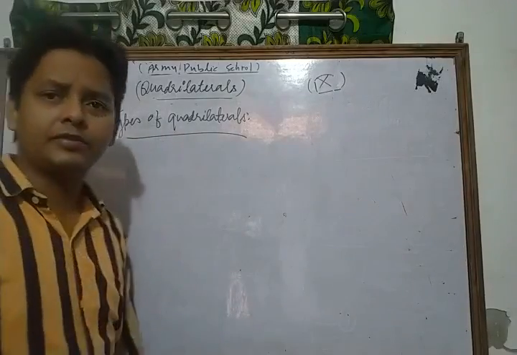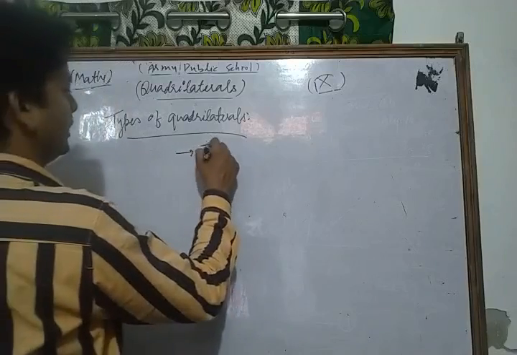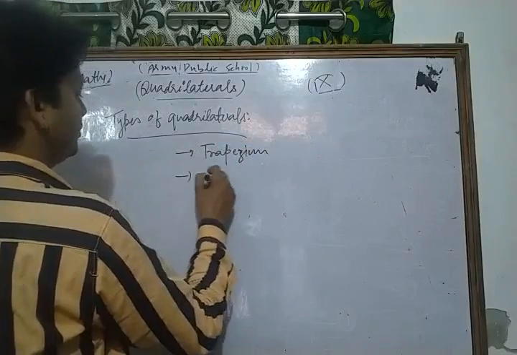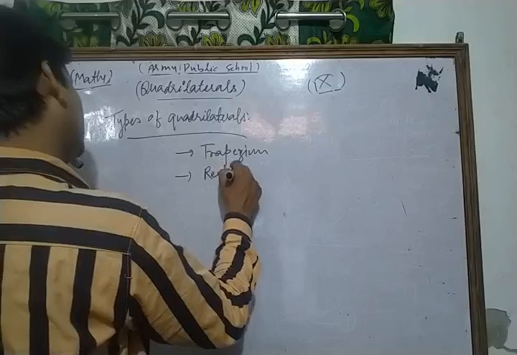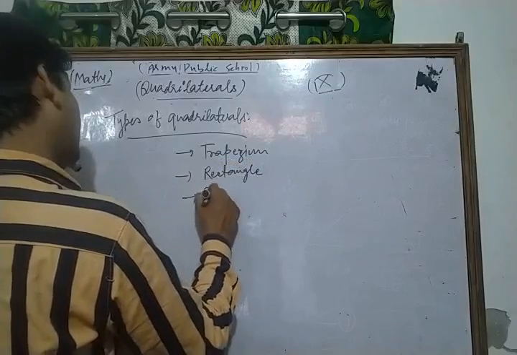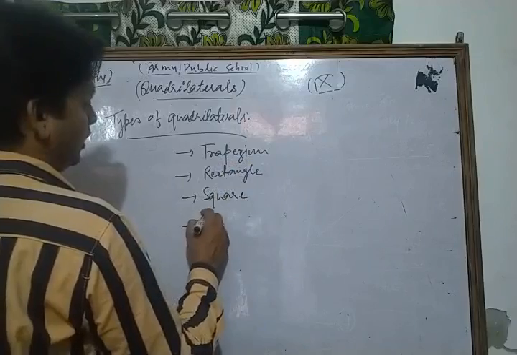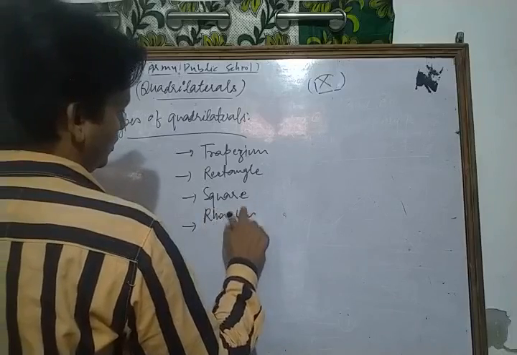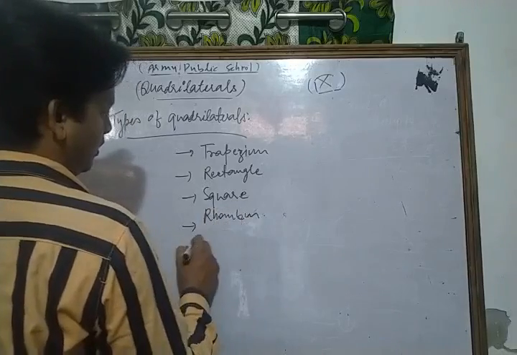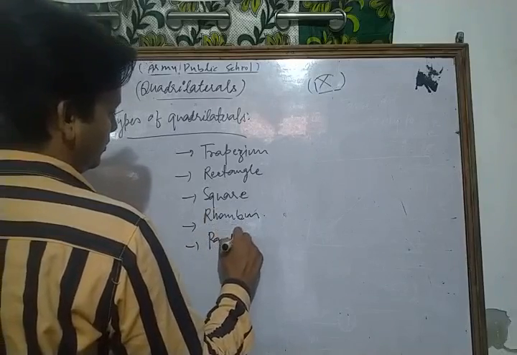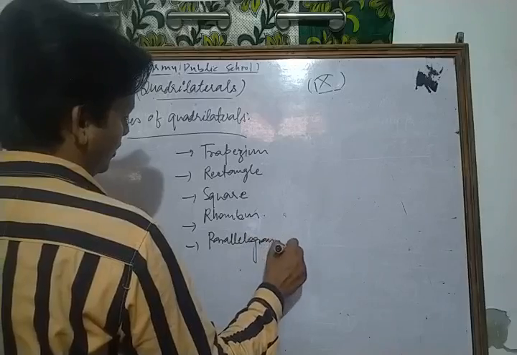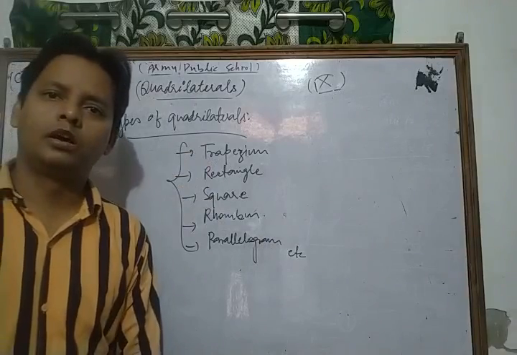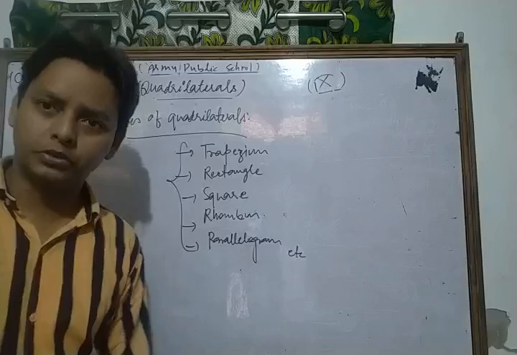You know that there are different types of quadrilaterals: trapezium, rectangle, square, rhombus, parallelogram, etc. So these are some important quadrilaterals which are included in your chapter.